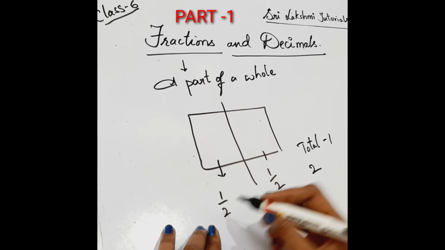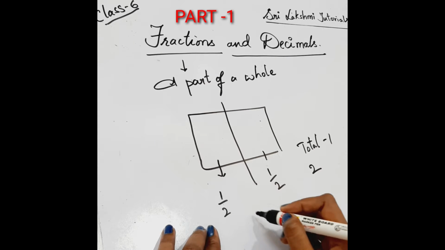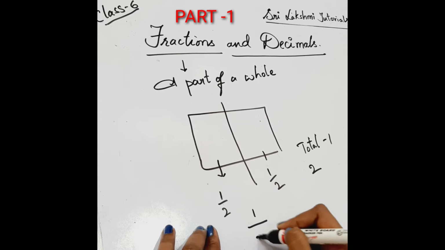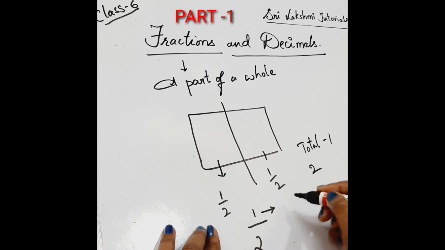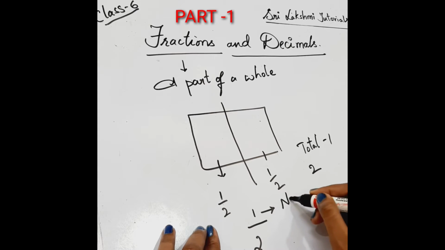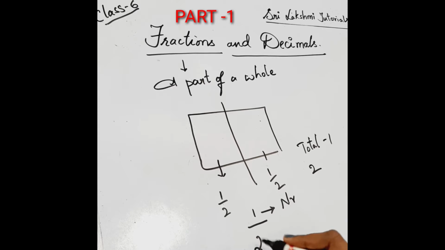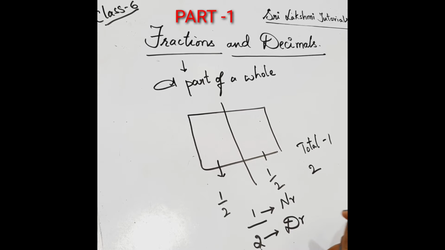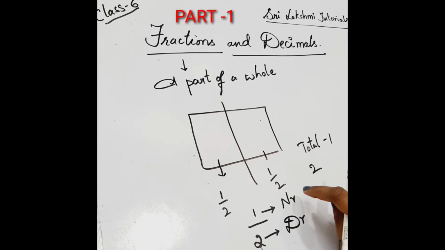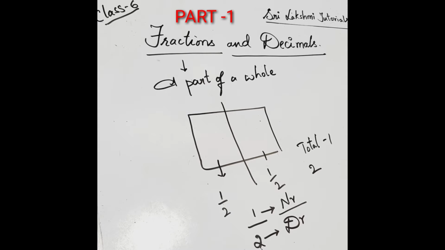Now 1 by 2 means this 1 is called the numerator and this 2 is called the denominator. A fraction is represented by numerator divided by denominator.